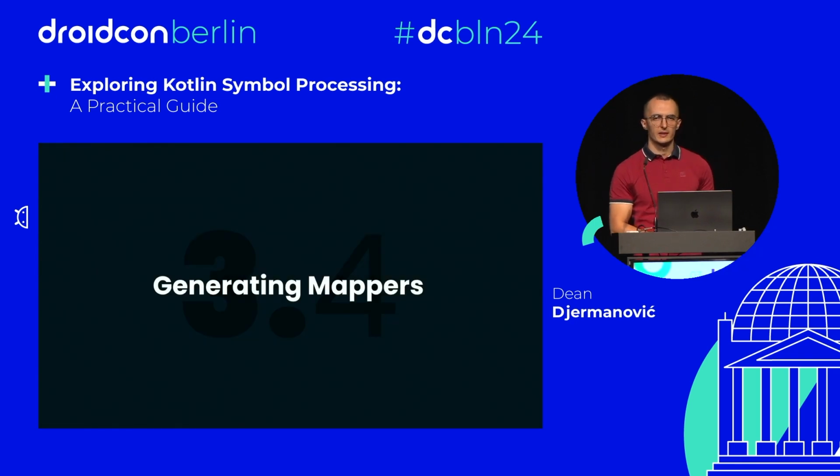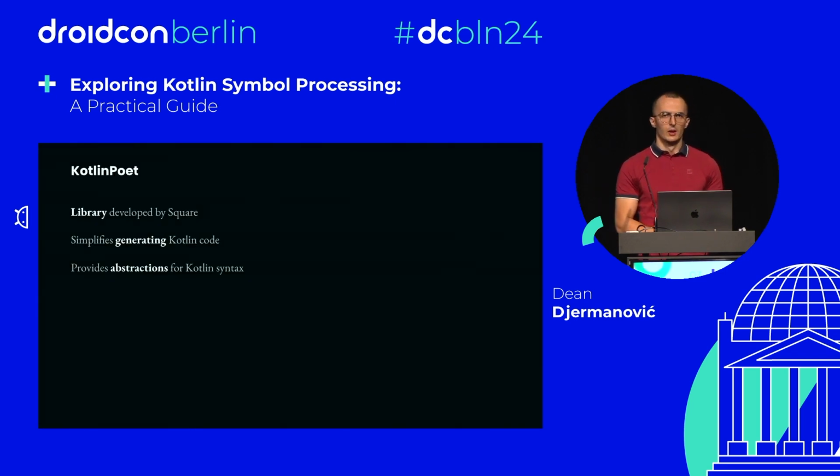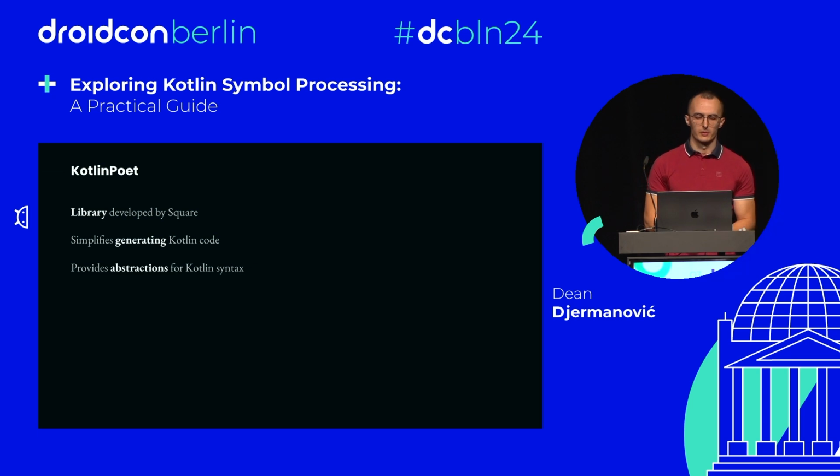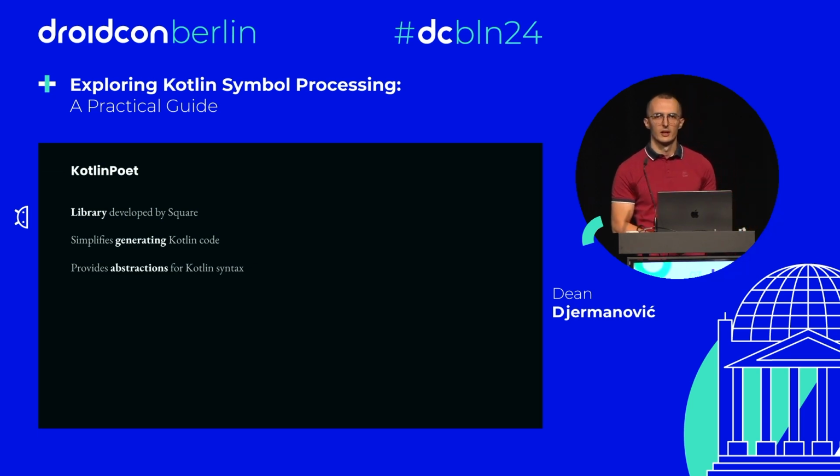Now that we have access to all of the classes that are annotated with generate mapper, we can start generating the actual mappers for these classes. To do that, we are going to use KSP API and Kotlin Poet library. Kotlin Poet is a library developed by Square that simplifies Kotlin code generation and makes the whole process more efficient.